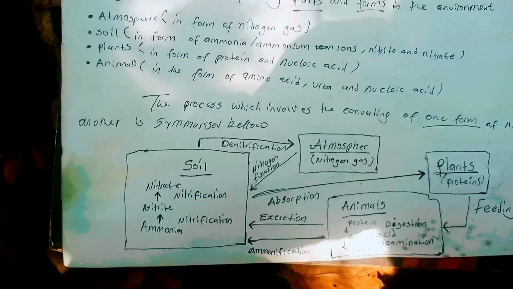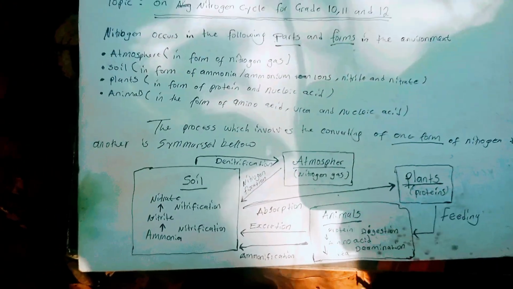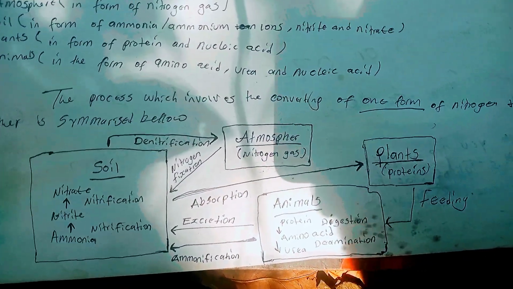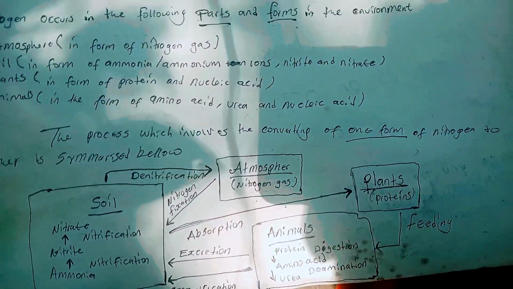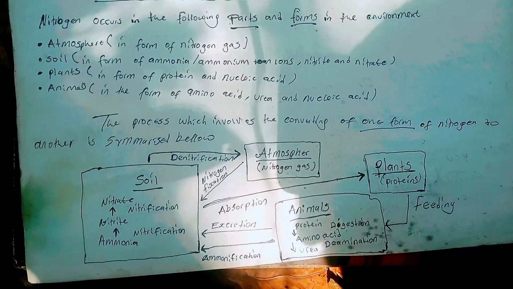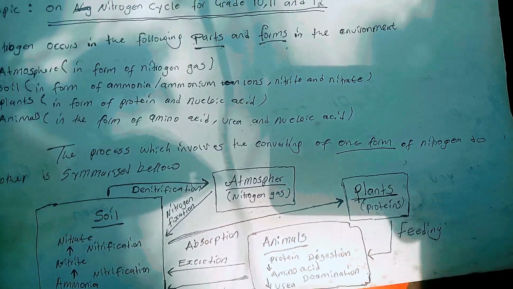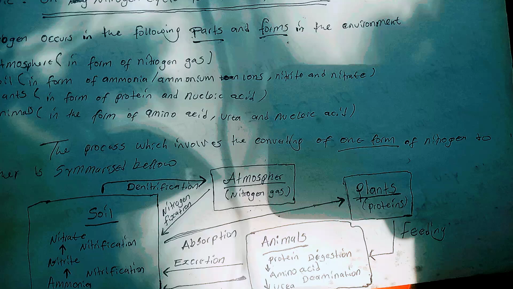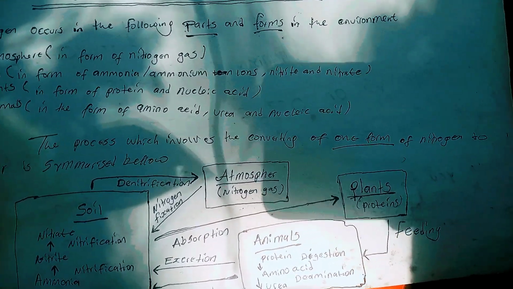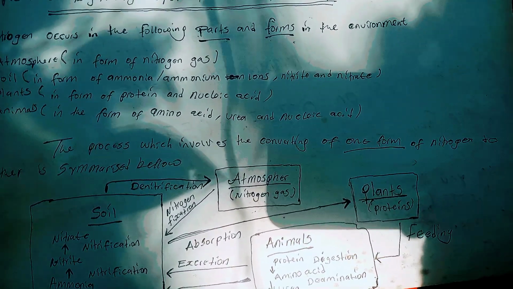Another thing which affects the nitrogen cycle is lightning. This carries out nitrogen fixation by causing nitrogen to react with oxygen to form nitrogen oxides.